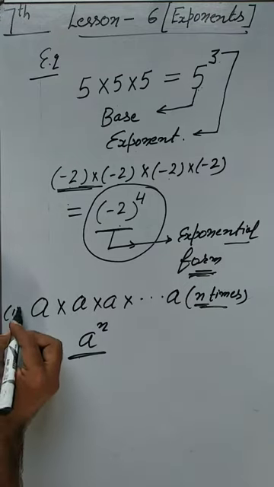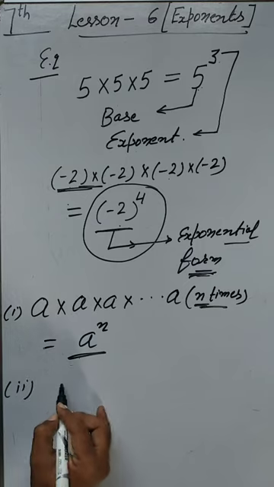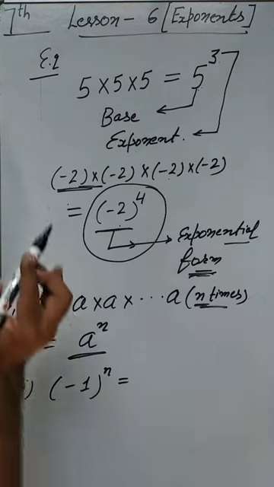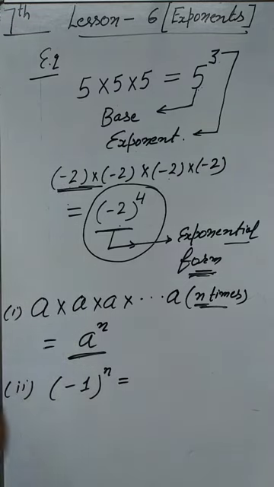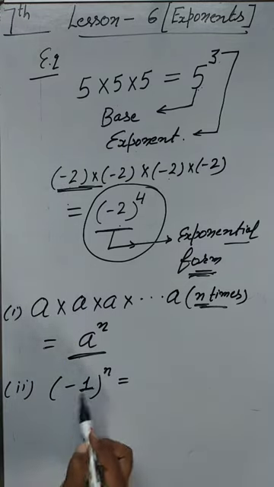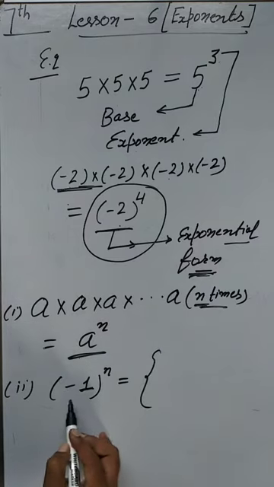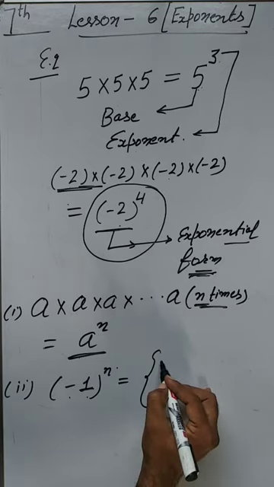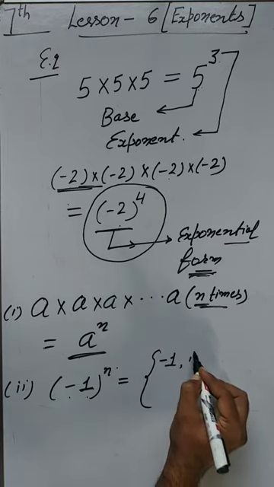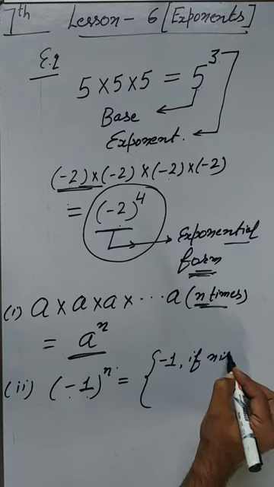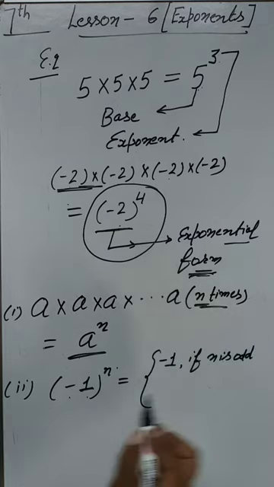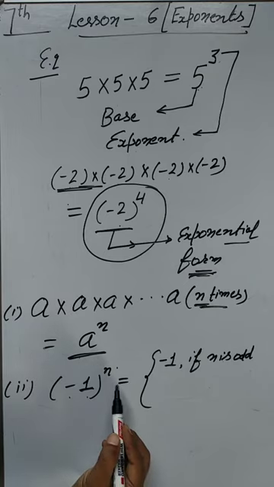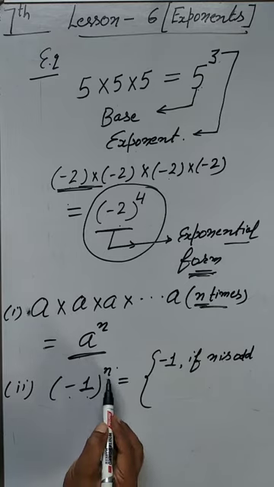And second point, beta, you know it very well. If in the exponential form, like here -2, is there any minus sign? -1 raised to power n will be equal to -1 if n is odd, means if your power is 1, 3, 5, 7, an odd number.